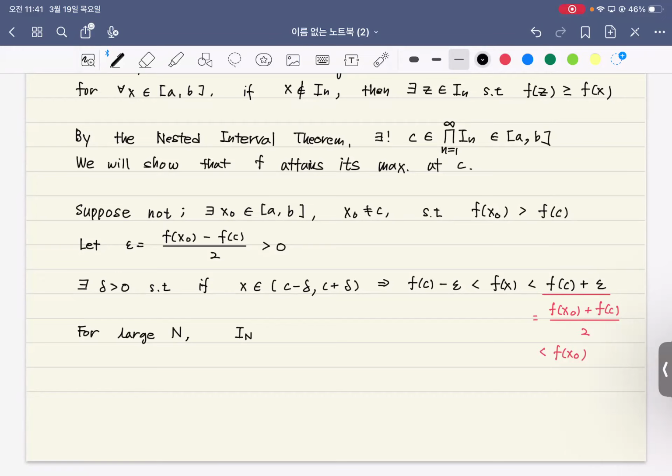And this IN must contain C because C lies in this infinite intersection. But the length of IN is decreasing exponentially. So for sufficiently large n, this IN could be contained in this open interval from C minus delta to C plus delta, right? Because this is an interval of fixed length, and IN is decreasing exponentially. So eventually, at some point, IN must be contained in this interval.